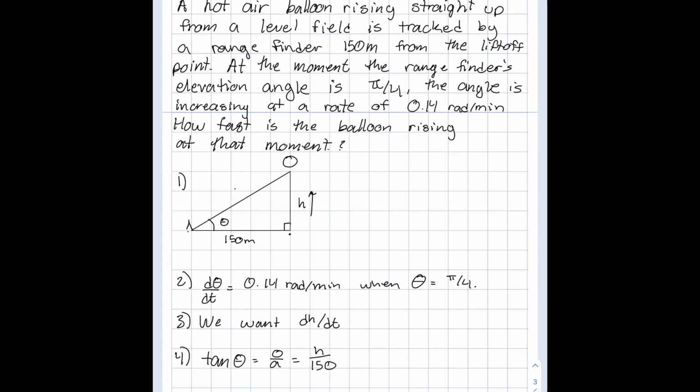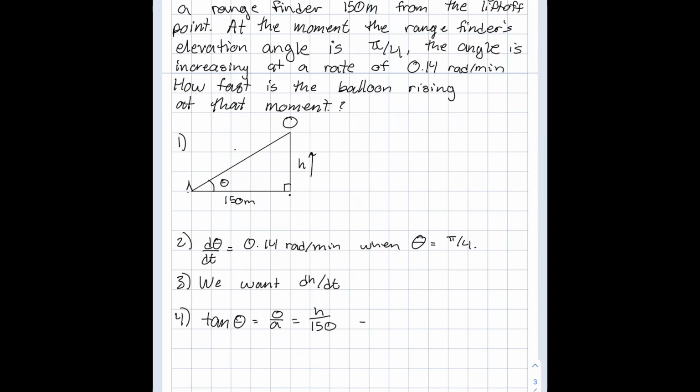So I get tan theta equals h over 150, and then I can rewrite that as 150 tan theta equal to h. Same thing, I just hate writing fractions. Thankfully I was only given 2 variables here, an angle and a height. So I want to find dh dt, and I have h equals this equation.